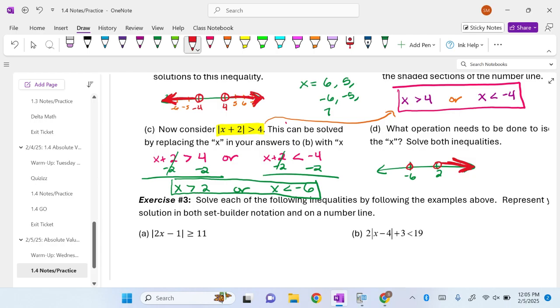Or does this number make the statement true? Whichever one's true, that's the side you shade on. What about for -6? If X is less than -6, would I shade to the left of -6 or to the right of -6? The left. Because the numbers to the left of -6 make that statement true.